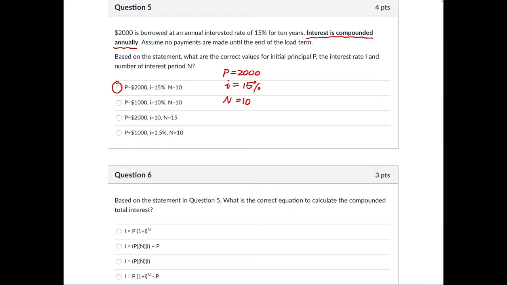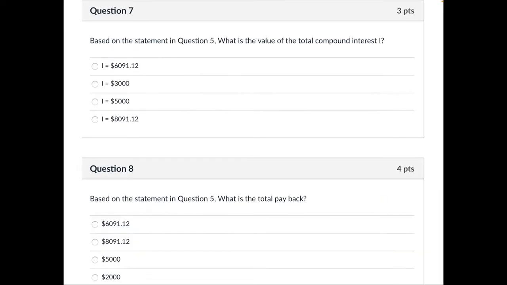And what is the formula for compounded interest? It should be this one, okay? And so if you chose the correct formula, that interest will be P times (1 plus i) to the power of n, minus P. And you substitute the letters with the numbers, 2,000 times (1 plus 15%) to the power of 10, minus 2,000.